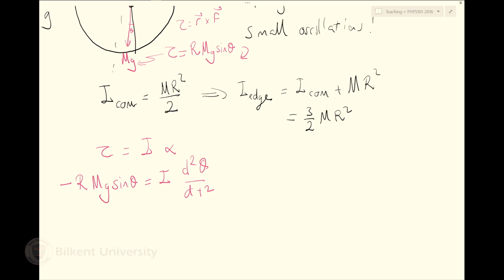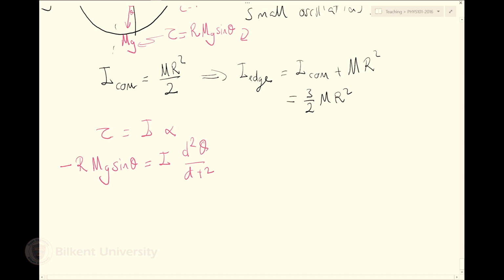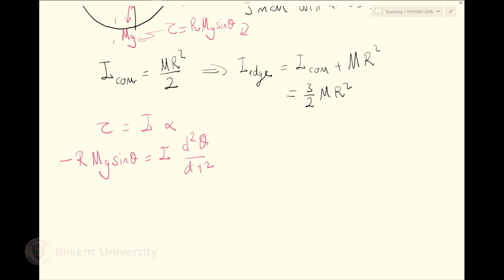Is there a differential equation that we can solve at this stage in Physics 101? Not yet. We need to go back to our one and only differential equation, right? So it's going to be r times mg times theta, and if the differential equation is in this form, then I can solve it. But how do I get from the first differential equation to the second differential equation?